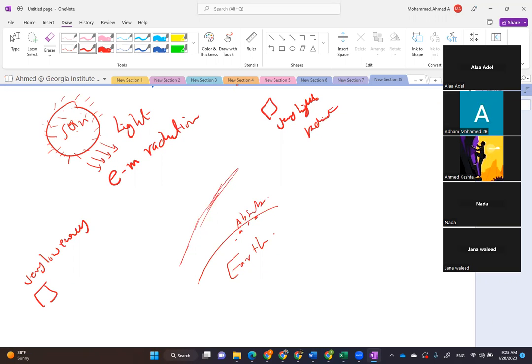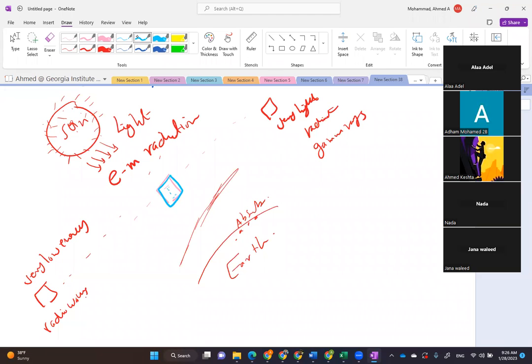High energy radiation like gamma rays, and very low energy radiation like radio waves. In between, we have many types of electromagnetic radiation. The visible light, which we see as humans, is in between the very high energy and very low energy.